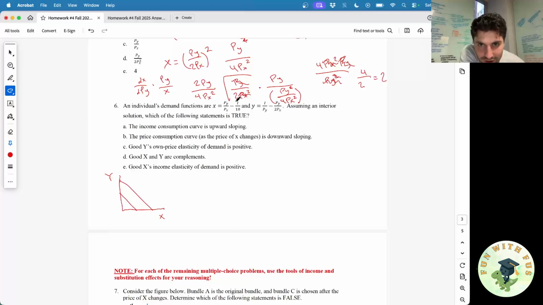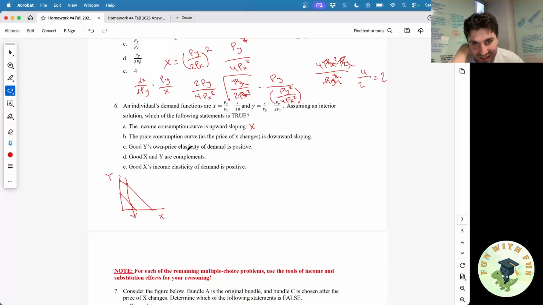So as I increase my income, x is getting smaller, so we're at least like right here to right here or something. And y gets bigger with income. So that would check out. So no, we are not upward sloping. We are in fact downward sloping at a steep downward slope. So that one is not true. And I think arrow math is the saving grace here.